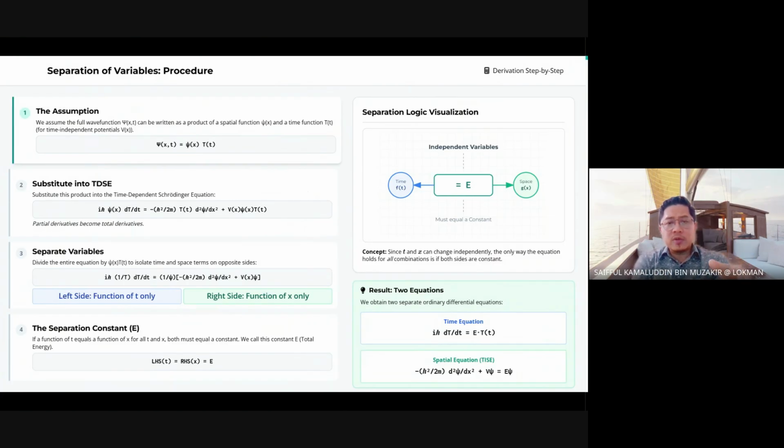The main thing to remember is that separation helps us find stationary states, and those stationary states are the building blocks for many quantum systems. Later, I know it is very hard for you to imagine right now, but please keep the notes and also the video.